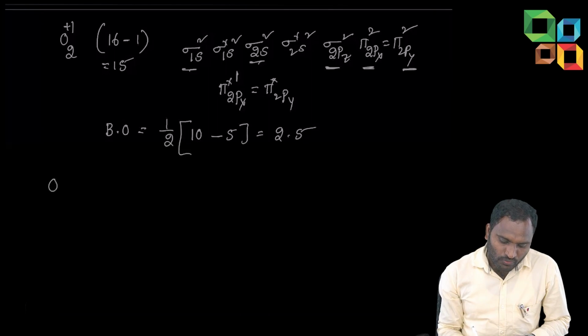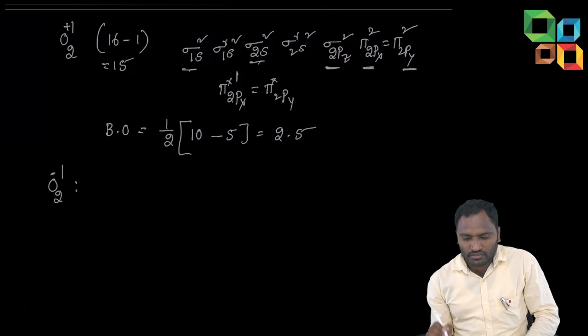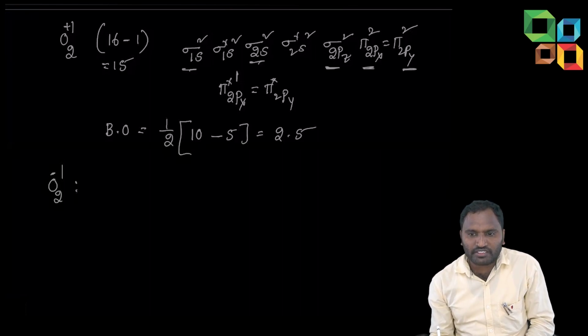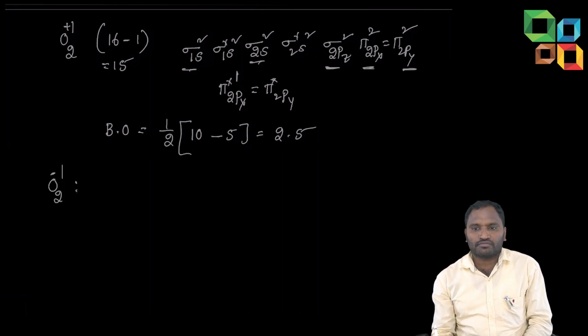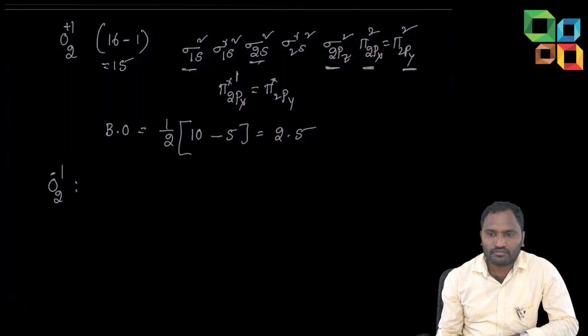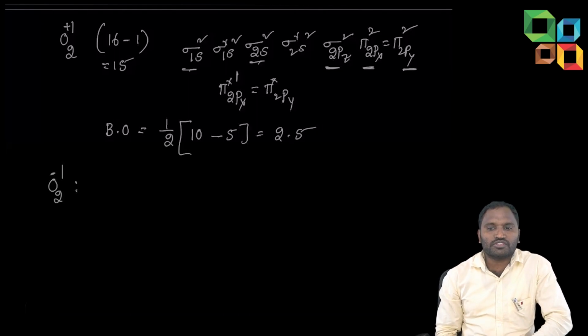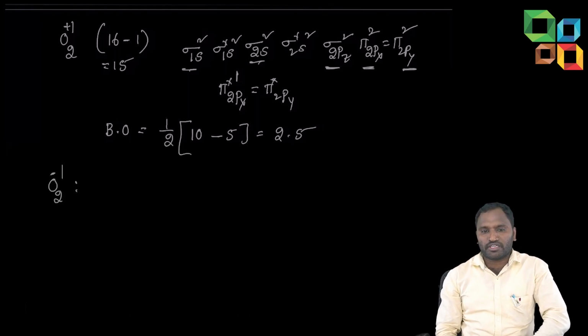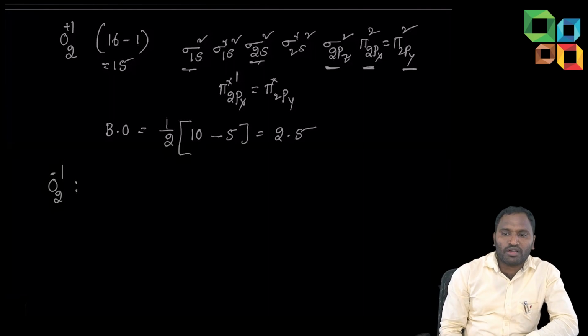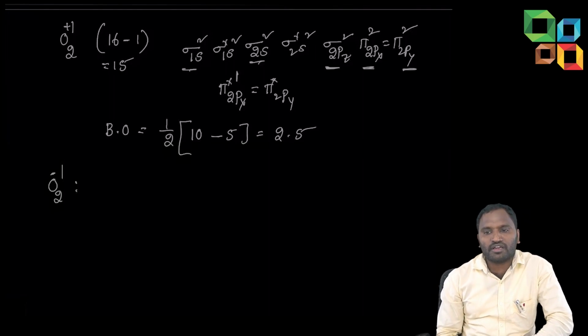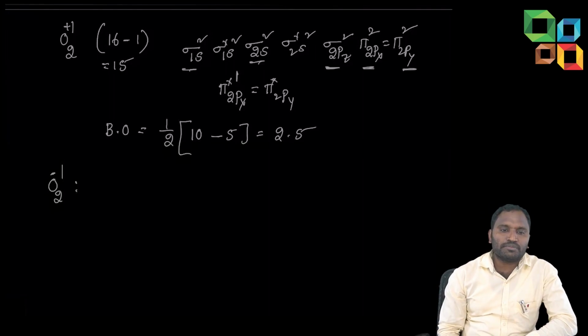Next. O2 minus 1, can you find out, students? Is it paramagnetic or diamagnetic? If any orbital contains a single electron, it is paramagnetic.